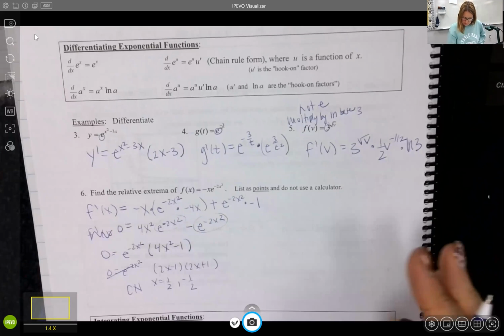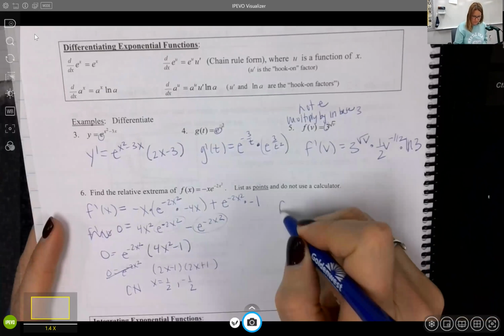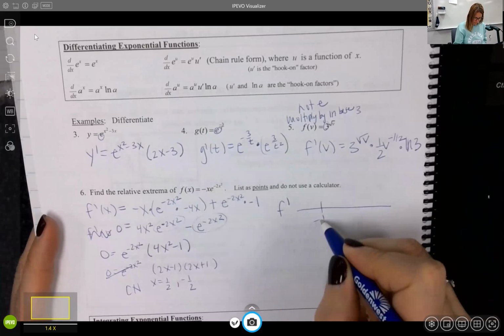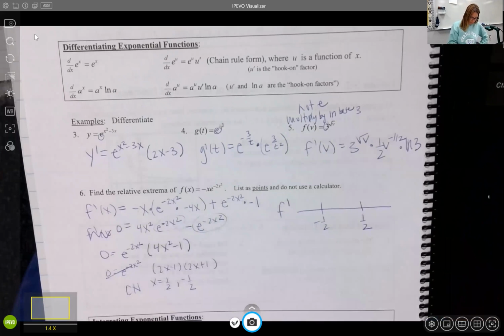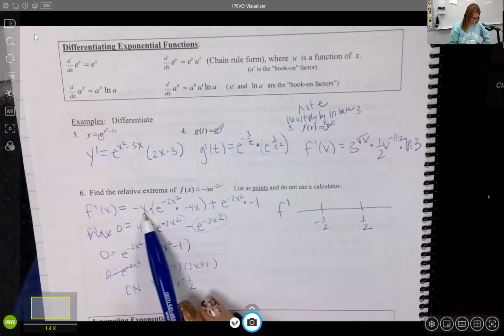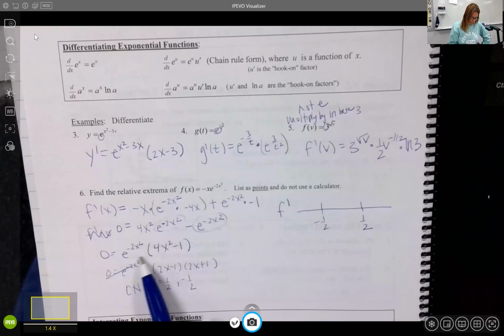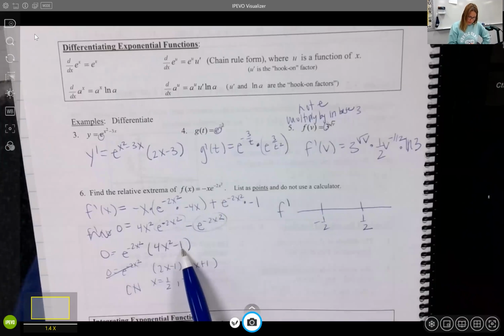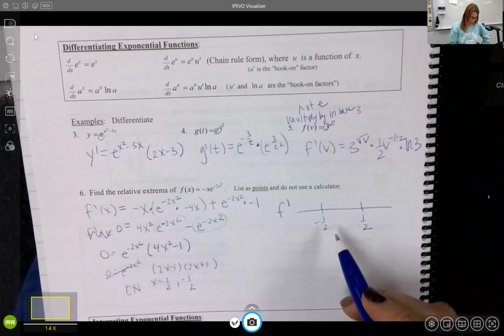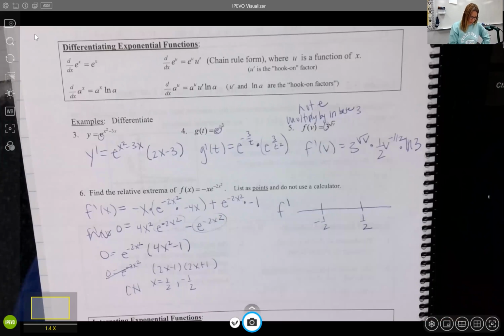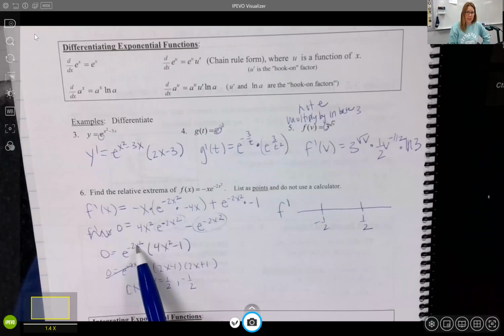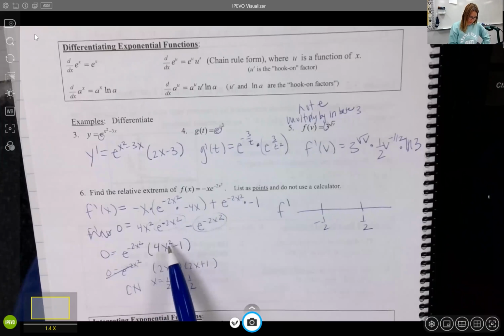So when we find our critical numbers, we do an f prime number line. And f prime is this. Okay, so if I plug a negative 1/2 in, this is never going to be negative. It's just going to get to be a smaller and smaller fraction. This is going to be negative 1/2 squared, which is 1/4.